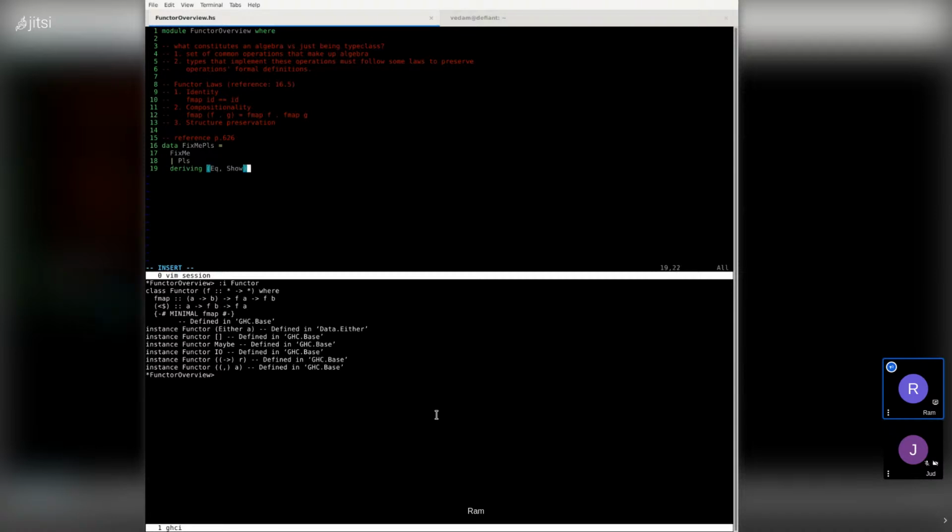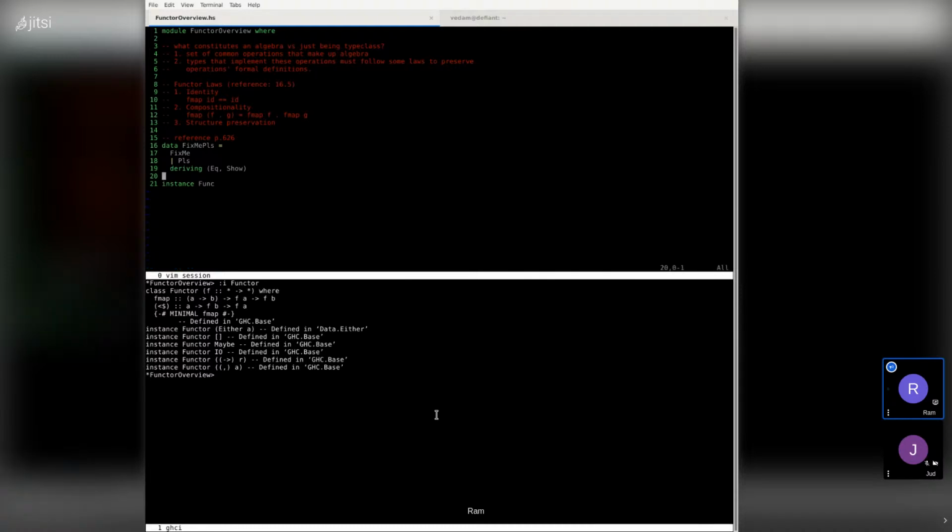We could even change this to other things. The point is, let's say you have a sum type where you aren't passing anything in. It's not a parametrically polymorphic type.